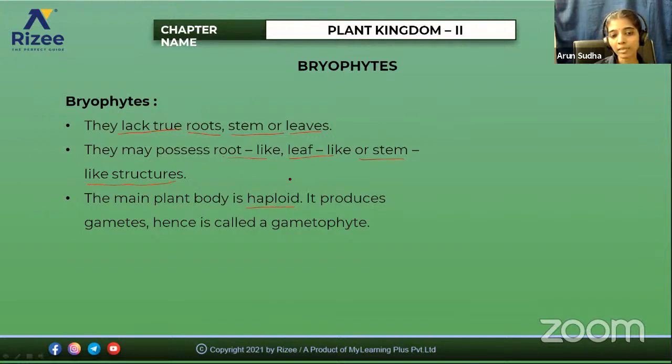You would have studied the N and 2N conditions. If the plant body has the gametophytic phase, producing haploid gametes, then it is the gametophyte. It produces gametes, hence it is called the gametophyte. So here the main plant body is haploid and it is a gametophytic phase.